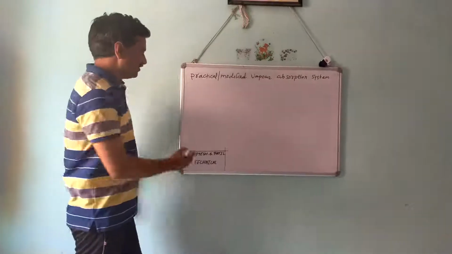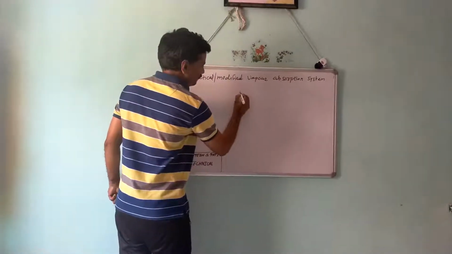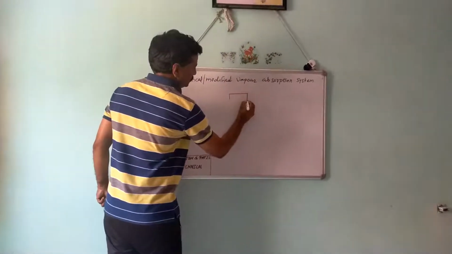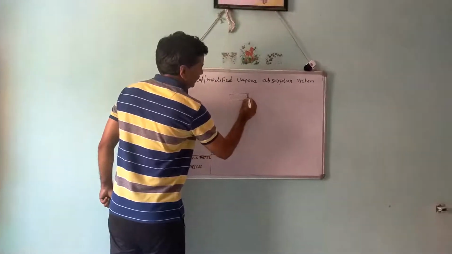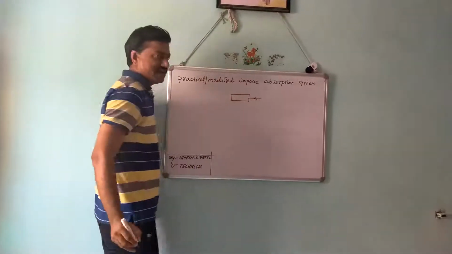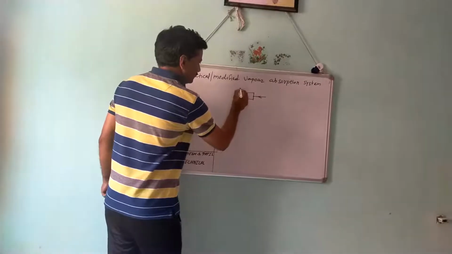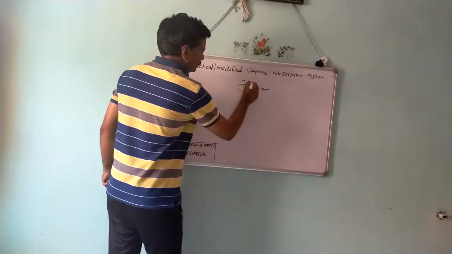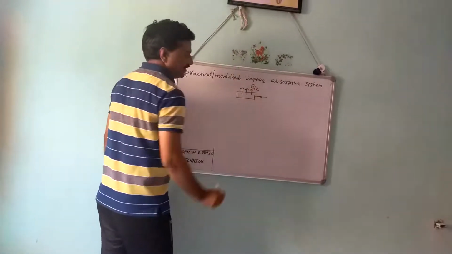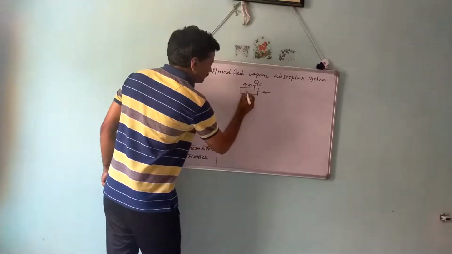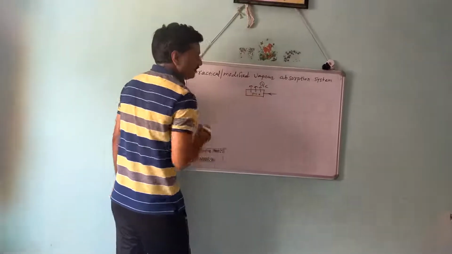So again here, let's start with the condenser. We are well aware that in the condenser the refrigerant is condensed by rejecting some heat to the circulating medium, and this heat exchange process is carried out at constant pressure.